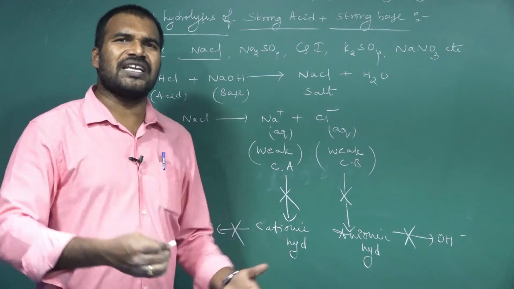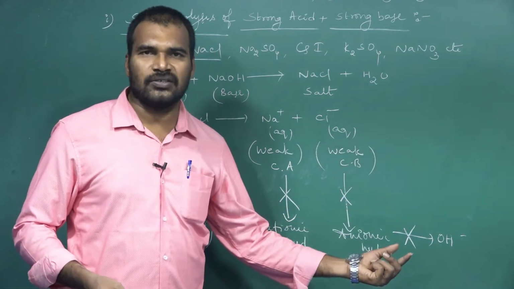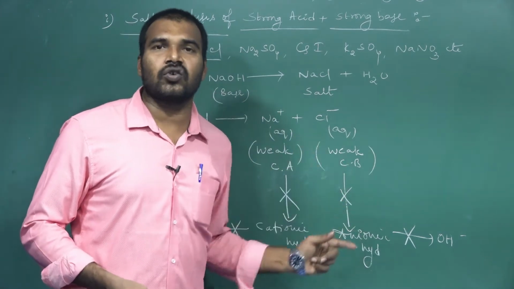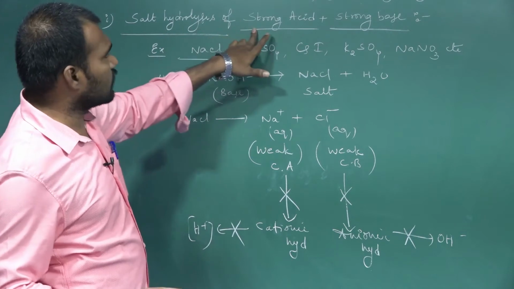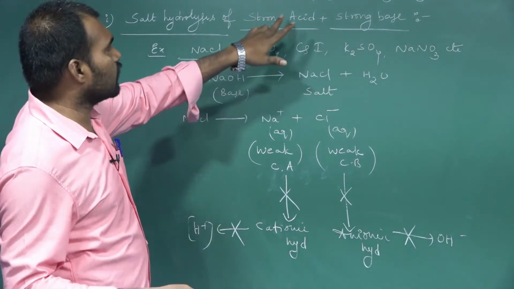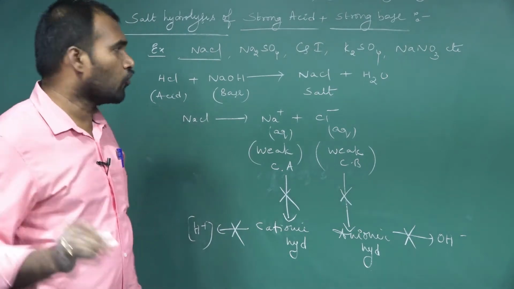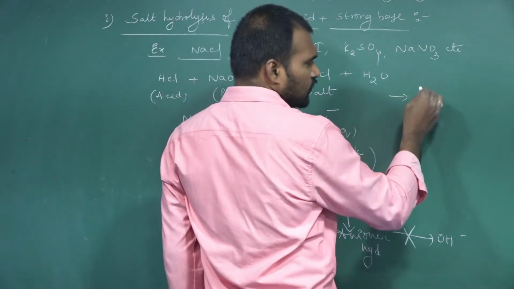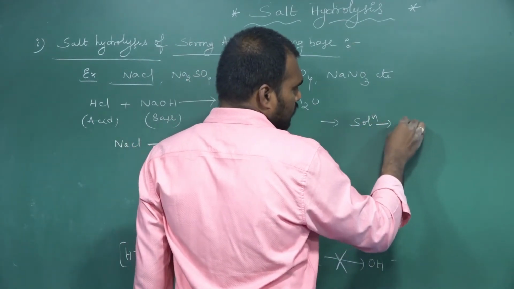So there was no change in the initial concentrations of H plus and OH minus ions. So the resulting solution is neutral. In salt hydrolysis, the solution which is made up with a salt of a strong acid and a strong base is always neutral.